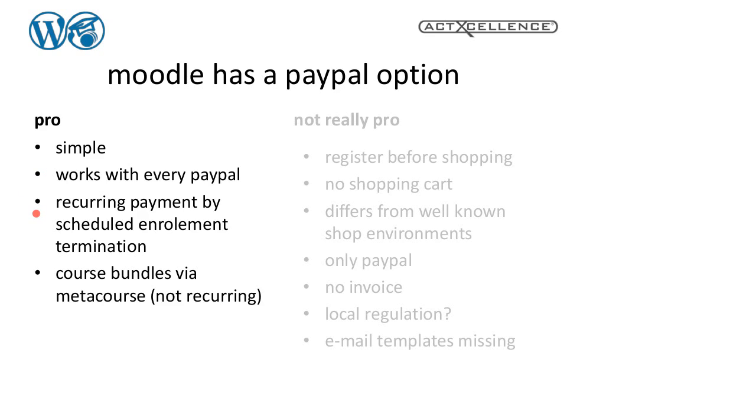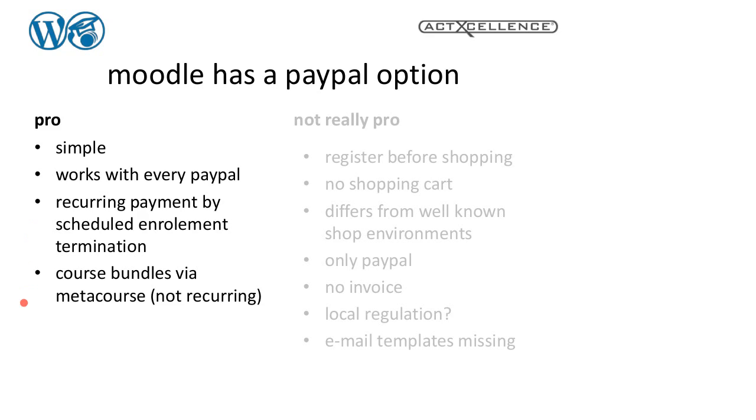You can kind of simulate recurring payment because you can add as many PayPal enrollment plugins to a course as you like. So maybe one for 1 year enrollment and one for only 3 weeks, or one which is zero money for a test course.